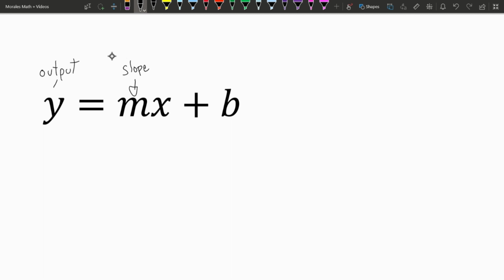In other words, we can also say rate of change. The x is the input. And the b is considered the y-intercept.